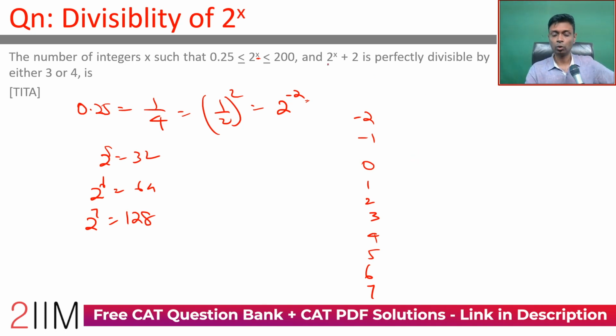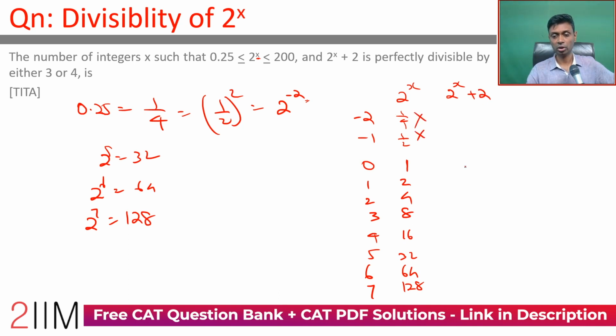Right. Now 2 power x plus 2 is perfectly divisible by either 3 or 4. 2 power x, this is 1 by 4, 1 by 2, 1, 2, 4, 8, 16, 32, 64, 128. 2 power x plus 2. So I don't have to worry about this.